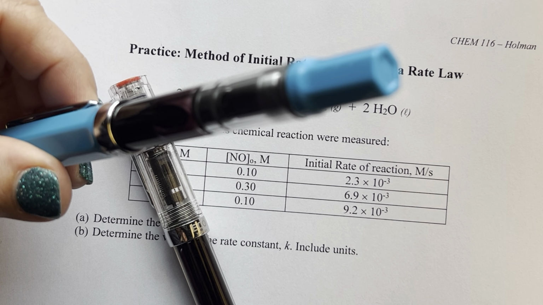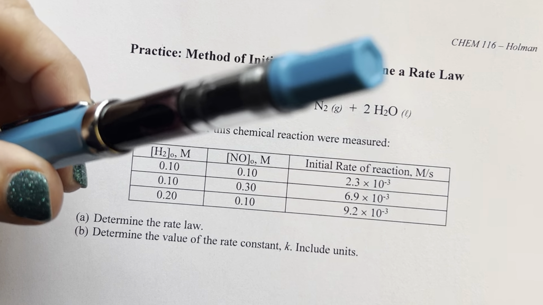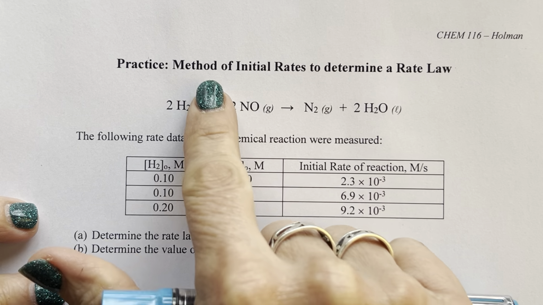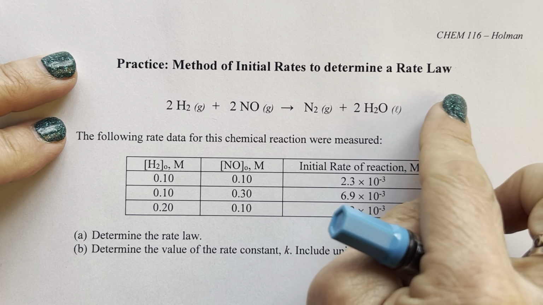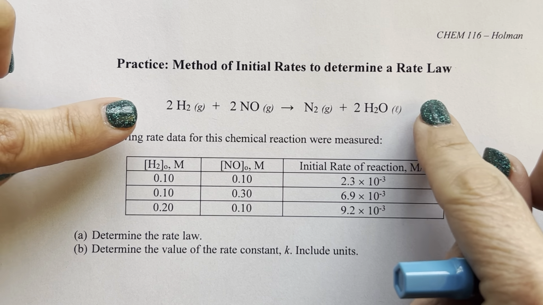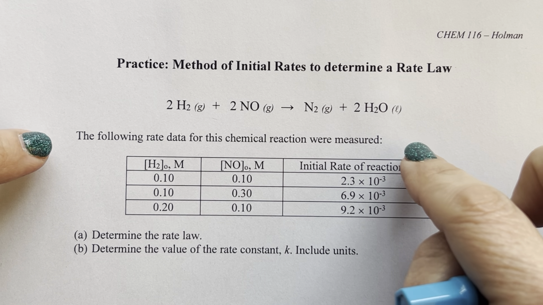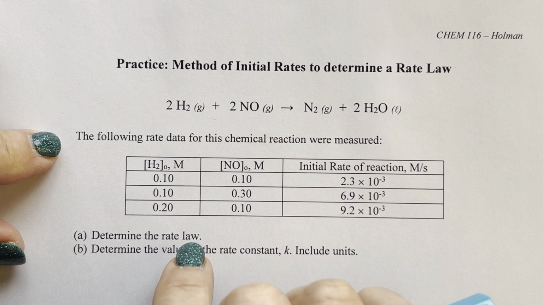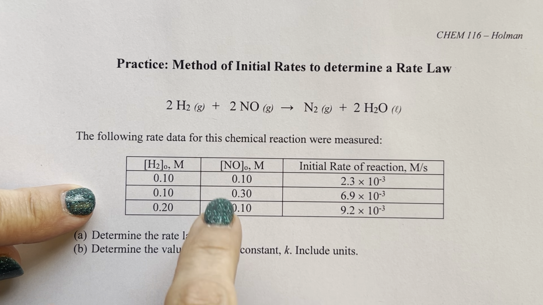All right. So this is a method of determining a rate law known as the method of initial rates. What's happening here is that there's a particular chemical reaction that's being studied, and the experimentalists select concentrations of the different reactants.